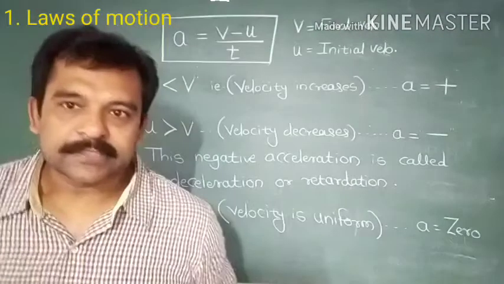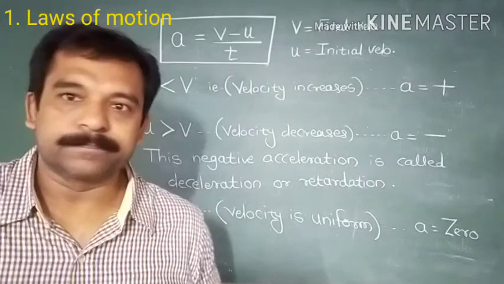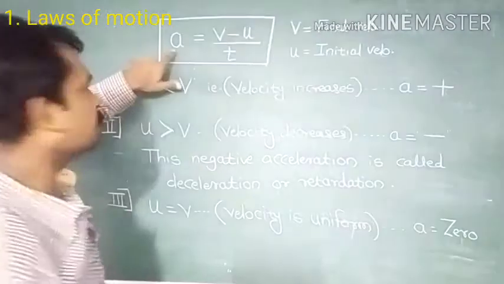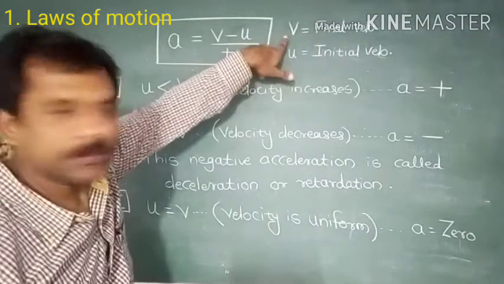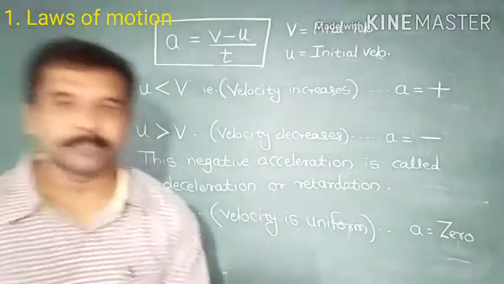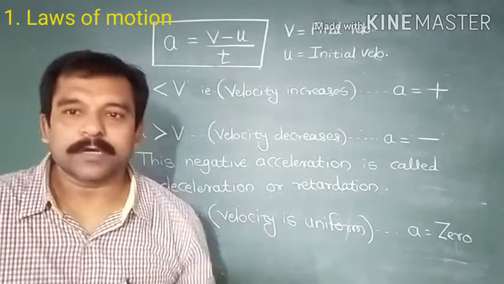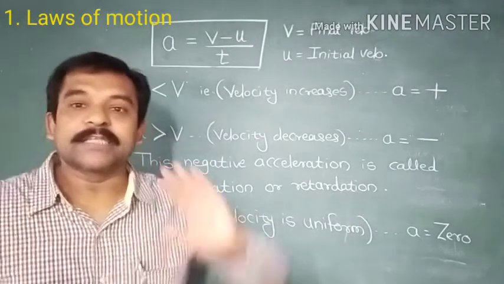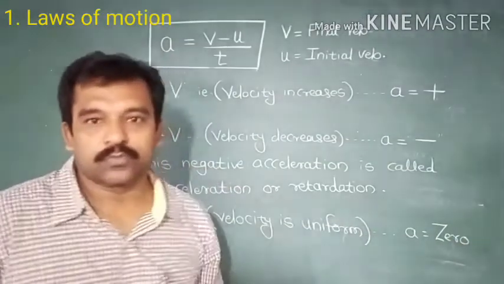Now we are going to discuss some important topics from the exam point of view. As you see, acceleration has the formula V minus U upon T, where V is the final velocity and U is the initial velocity. Now there might be a 3-mark question or maybe 1-mark questions: when acceleration is positive, when it is negative, and when it is zero.